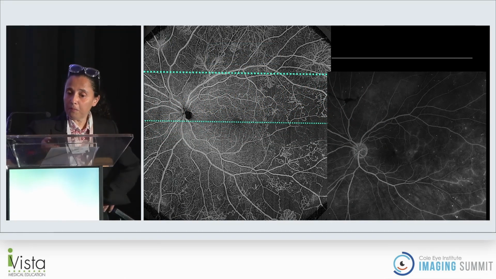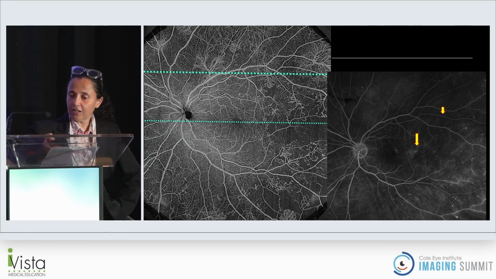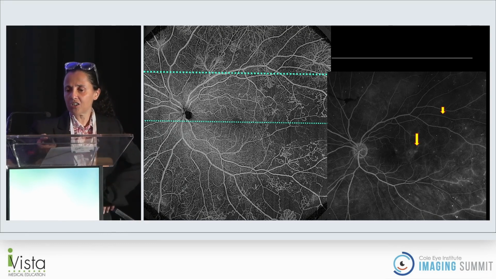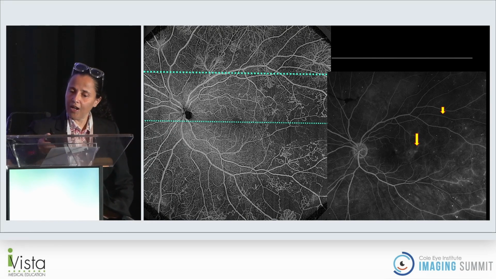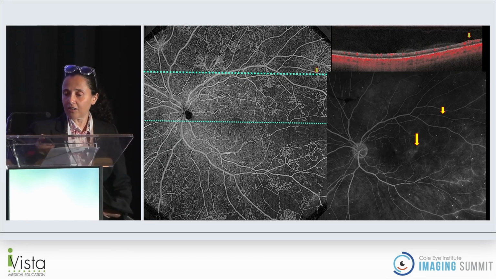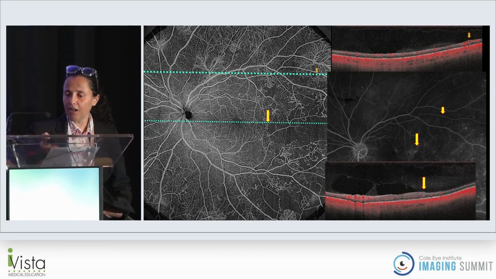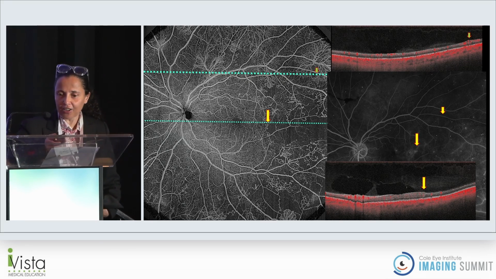So here's an example of a patient where it was a little more tricky. You see here areas that look like neovascularization and areas that don't. And on the OCT angiogram, everything is sort of clearer, I would say, than on the fluorescein. The extent of neovascularization is just beautiful.